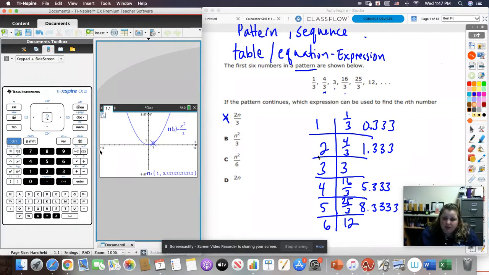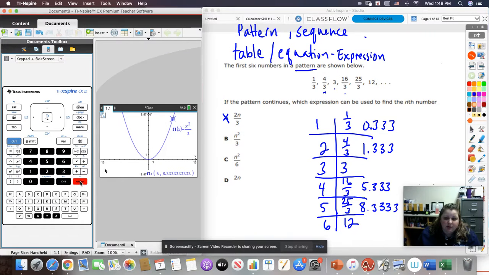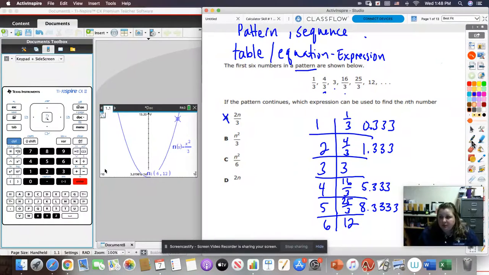Then I'm going to type in the next input, which is 2. I just type right on the calculator, enter, and that's 1.33. 3, enter, matches. 4, 5, and 6. Then just double check them all whenever you're doing this problem. Make sure they all match, and then you'll know for sure you have the right answer.